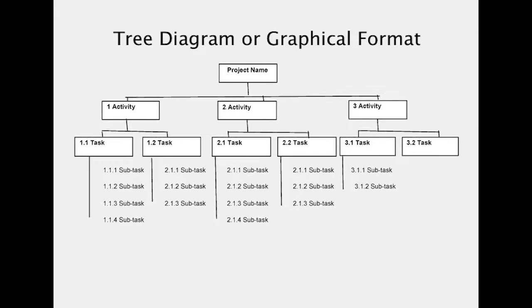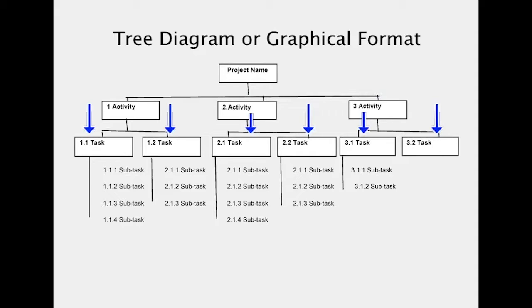You can see here in the picture, the first one, tree diagram. The main project name is taken as the main level, which is divided into activities. We see 3 activities in the diagram and they are indexed as 1, 2, 3. The next level is called task.